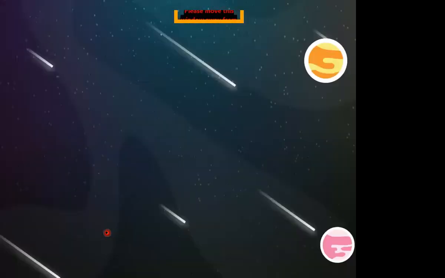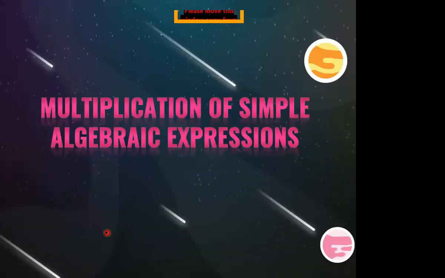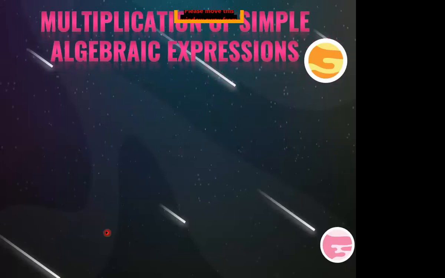Let's start from multiplication of simple algebraic expressions. You know what algebraic expressions are: they contain coefficients and variable powers along with plus and minus signs, so they are composed of different types of terms.